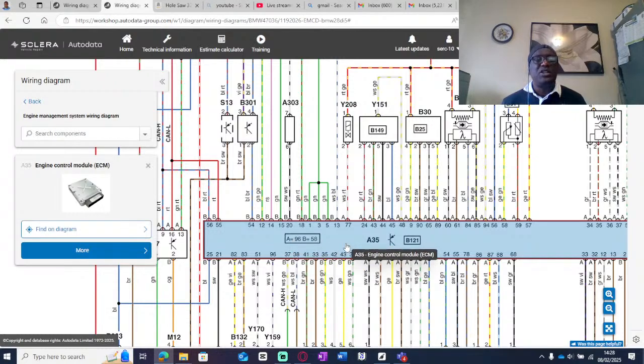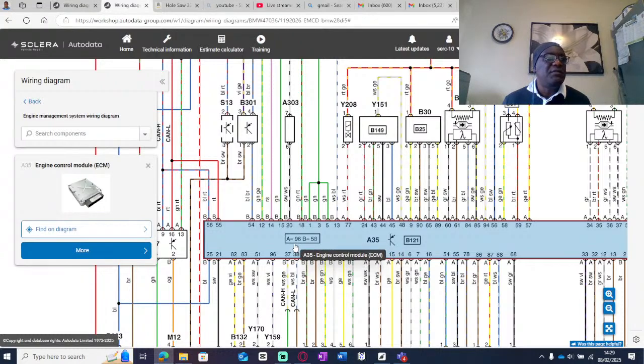So this ECU has got 2 plugs, okay? Plug A has got 96 pins. Plug B has got 58 pins.